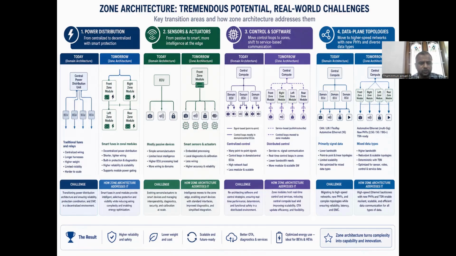Higher ECU processing load: as these actuators are connected directly with the ECU, the processing load of the ECU will be more, and there is more wiring in the domain architecture. These are the characteristics of the sensors and actuators used in domain architecture.